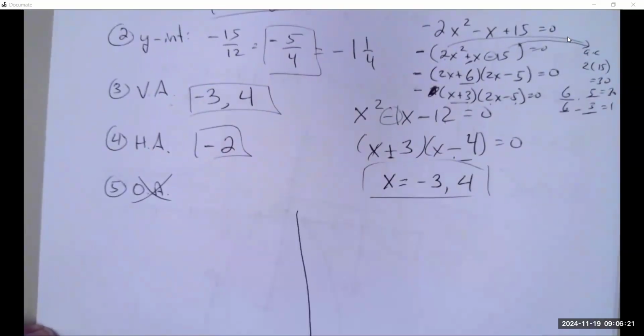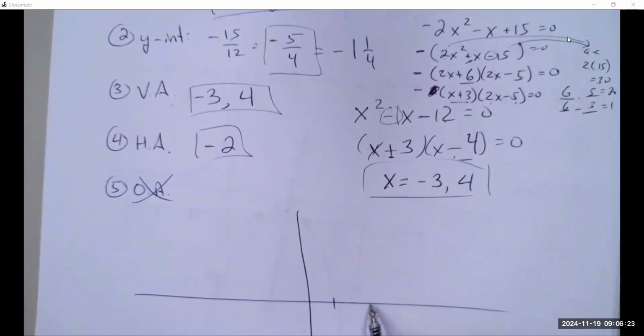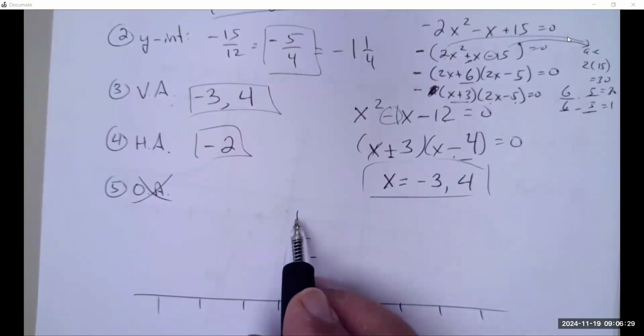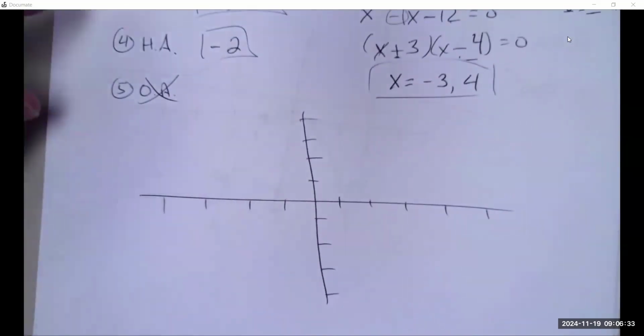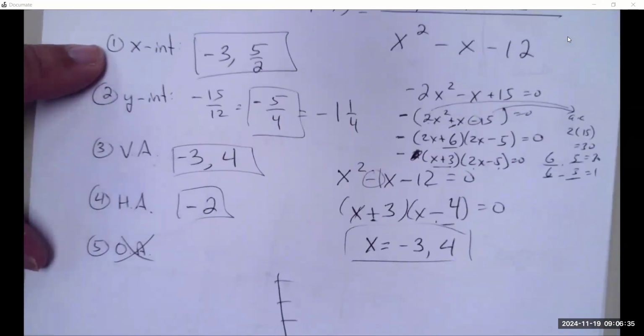Okay, let's look at what we have here, then we'll go a little deeper and look at those numbers. So my x-intercepts are at negative 3 and 5/2, which is 2.5.